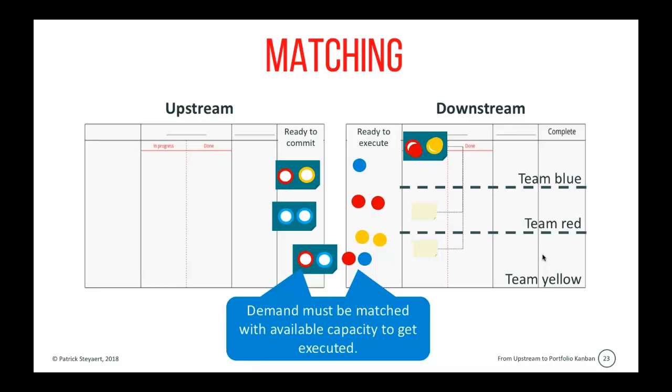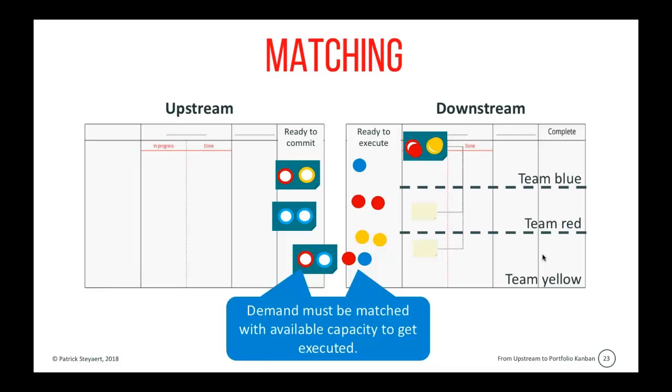So here we have a board where we have a team blue, red, and yellow, and our demands indicate on each request which capabilities are needed. The first item needs green and red competencies. The second item only needs blue competencies, and the third item needs red and blue competencies.